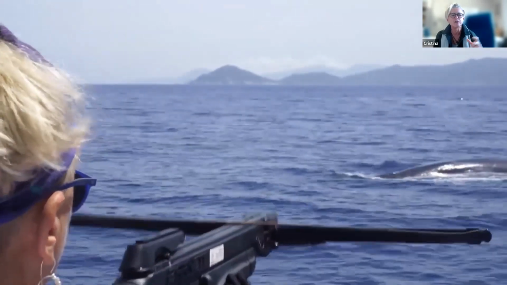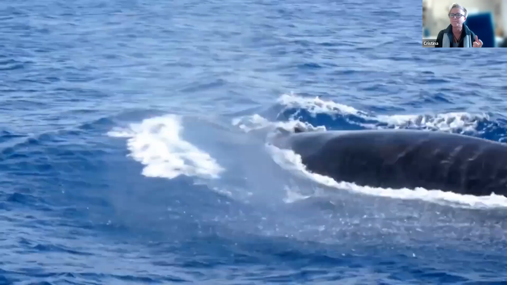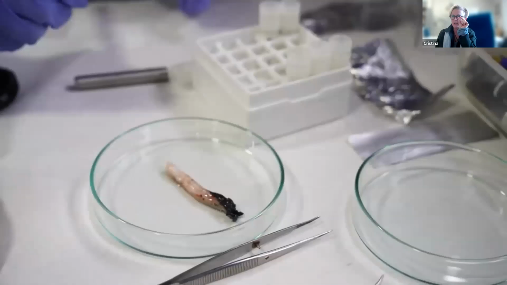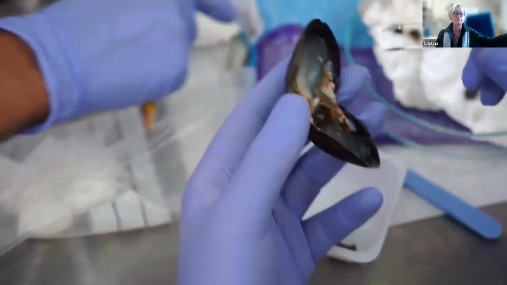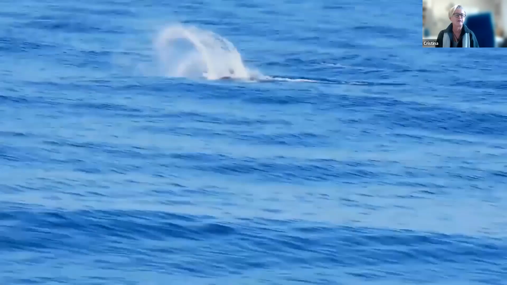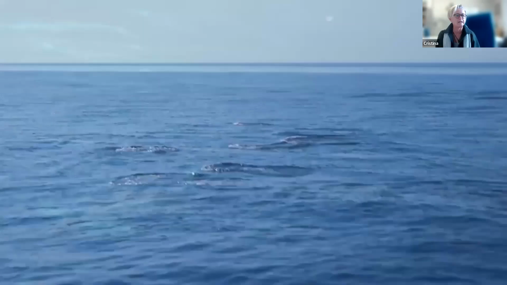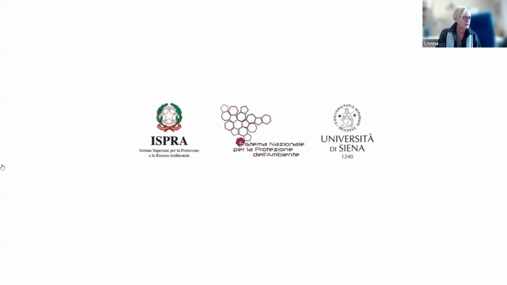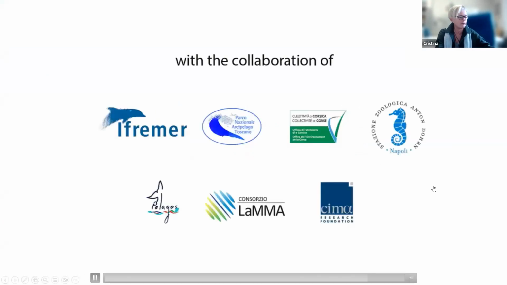And here is the video in which we show how we collect the skin biopsy from the fin whale, and how from this small piece of skin and blubber we really can define the toxicological risk of the species, from fin whale to mussels, to define the impact on the different species and the richness of the Mediterranean Sea. We know it's our hotspot of biodiversity that we really need to preserve. So this is the end of the video, and thank you very much for your attention.